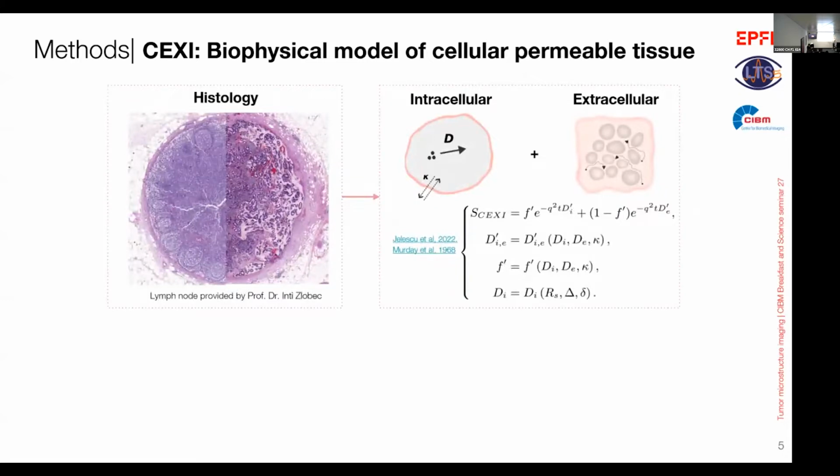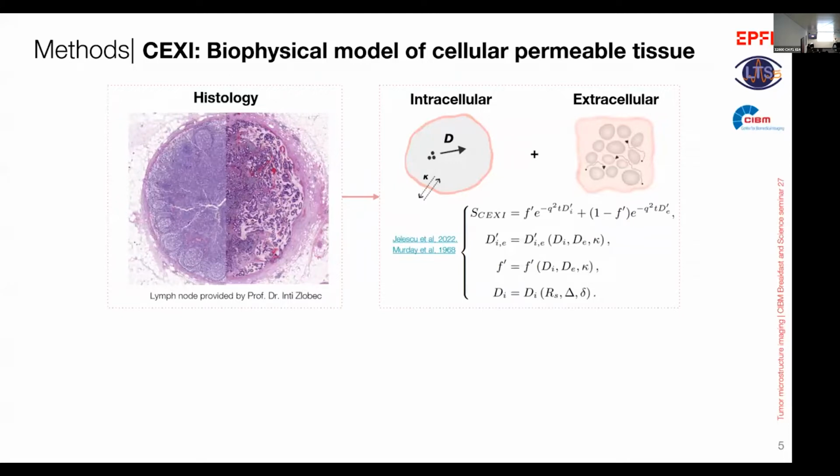So here on the left, you have a healthy lymph node, and on the right, you have a lymph node invaded by cancer, and you can see there's a huge difference between the two. And our goal is to discriminate these two tissues. So from my perspective, this lymph node is a sum of two compartments, which are an intracellular compartment and an extracellular one.